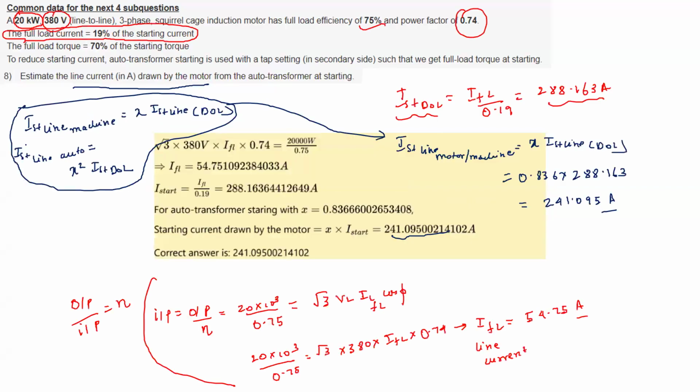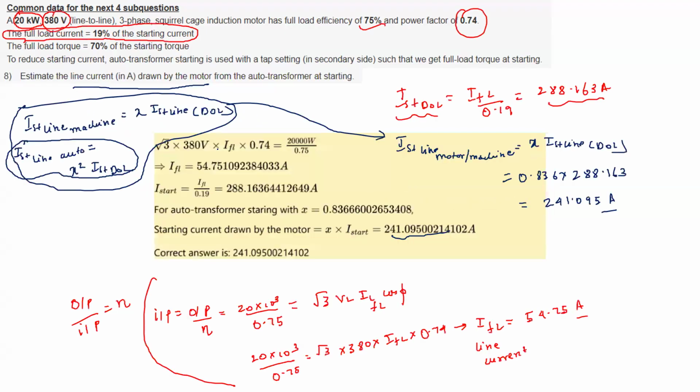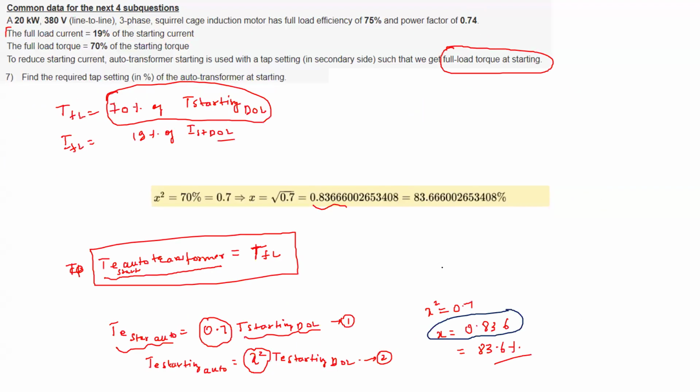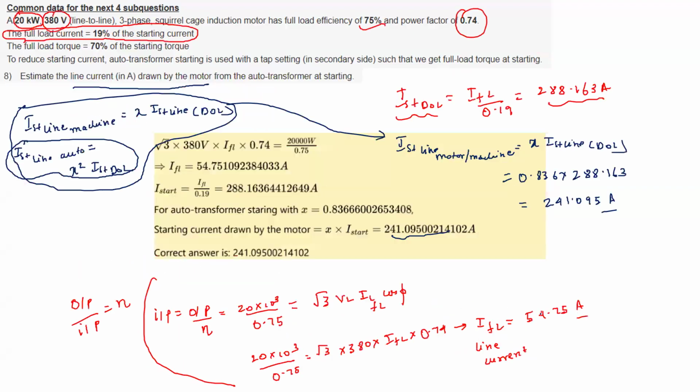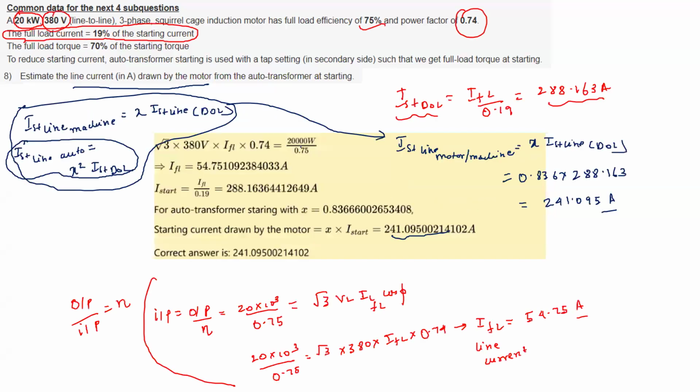From this above relation, I starting line current of the auto transformer is x square times I starting DOL. So this will be x, which we calculated in the previous to previous question as 0.836, so 0.836 square into I starting DOL, which we calculated in the last question.